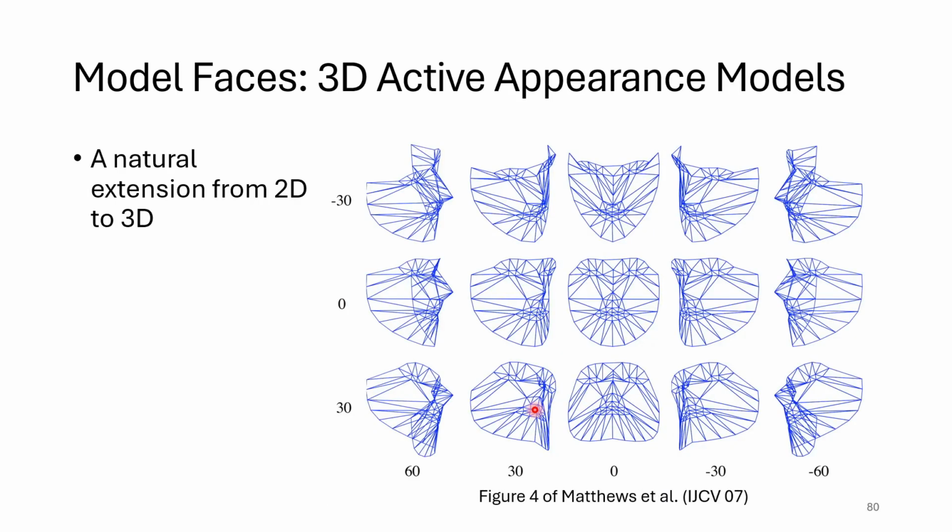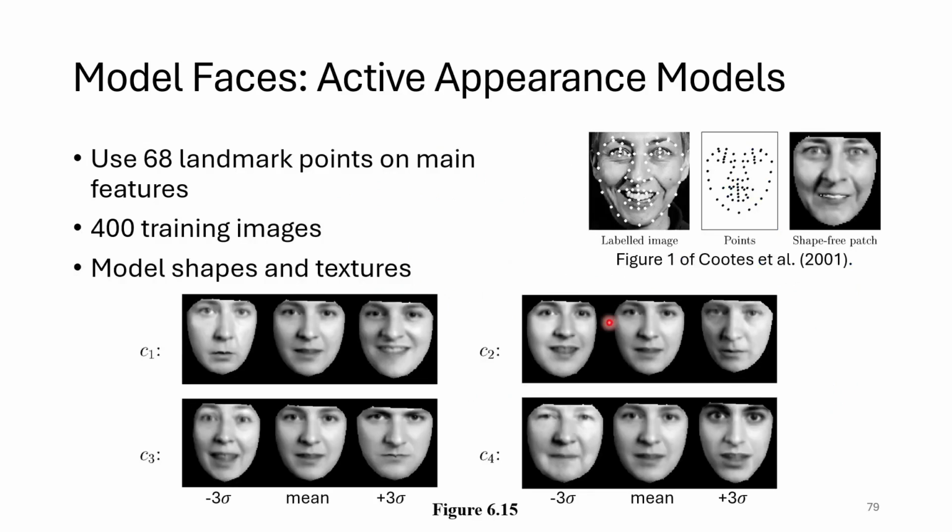Face image is a specific domain of generic images. Of course, when you can manipulate the face image in 2D, you want to manipulate it in 3D because this is a 3D world. So the 2D case is like this one. It is the special case of the 3D case. I should say this paper was published in 2001.